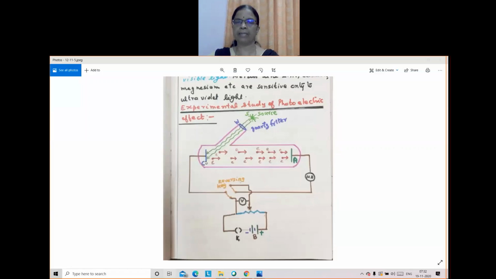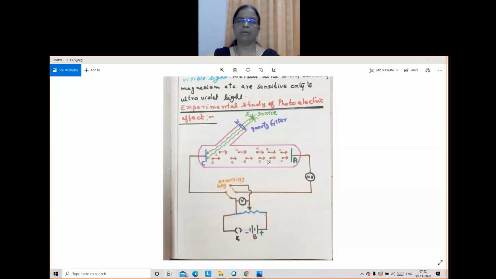So h nu 0 is utilized for ejecting the electron, and the remaining energy is utilized for two purposes. Some part of h nu, the energy of the photon, is utilized for ejecting the electron, and the remaining part is converted into kinetic energy of the electron. That is Einstein's photoelectric equation.